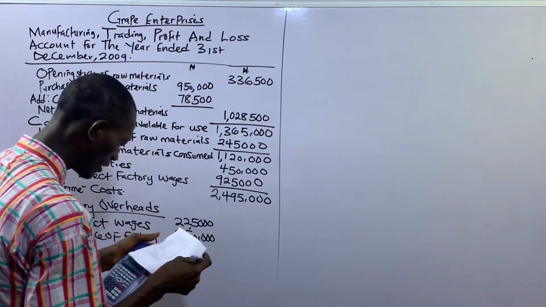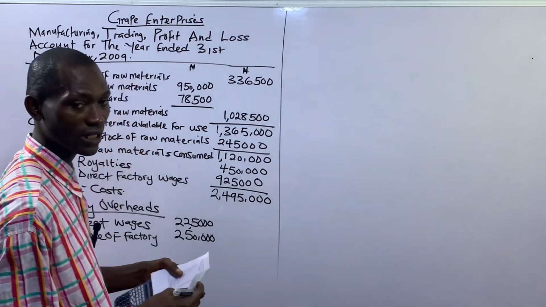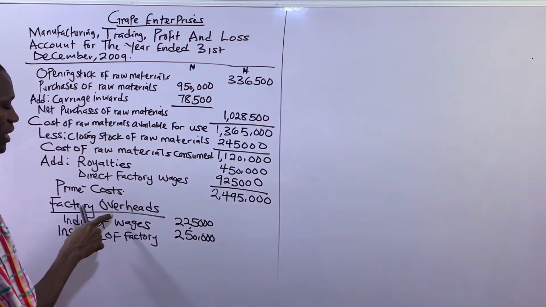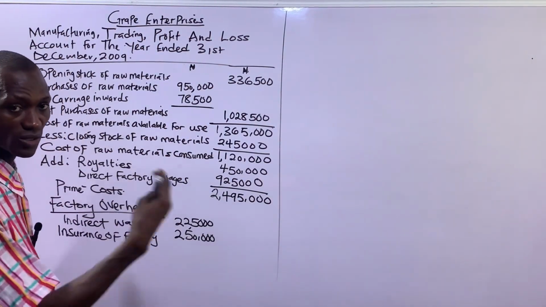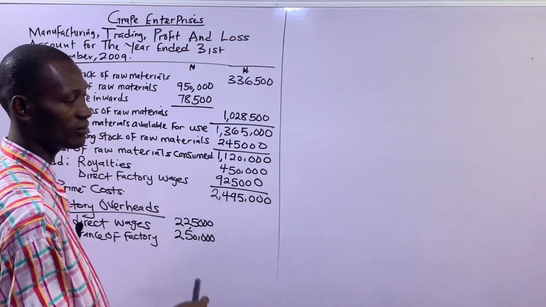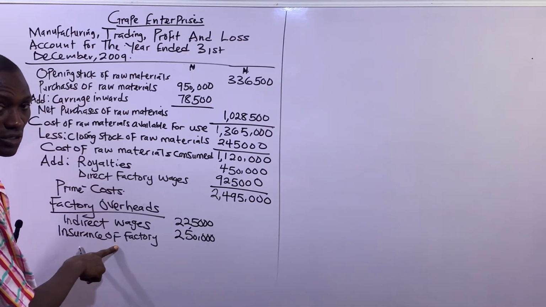So let's check for other factory overheads. So depreciation of plants. Why are we bringing depreciation of plants under factory overheads? Because plants, machines are used in the factory. So any depreciation on any asset that is used in the factory, you bring it under factory overhead.